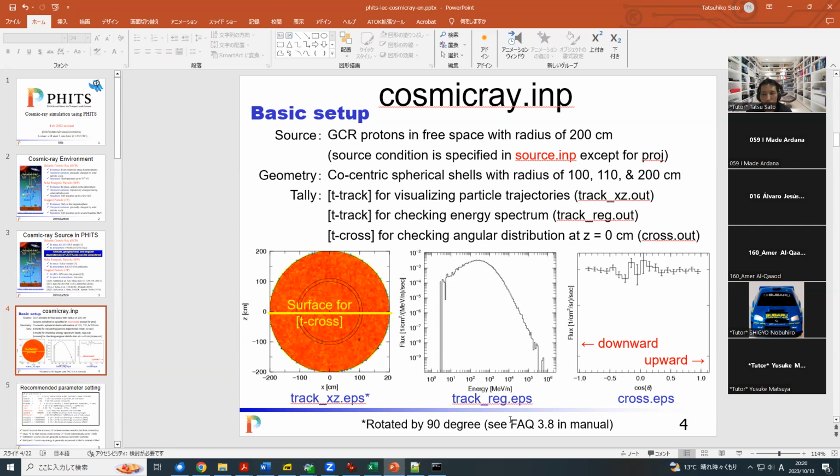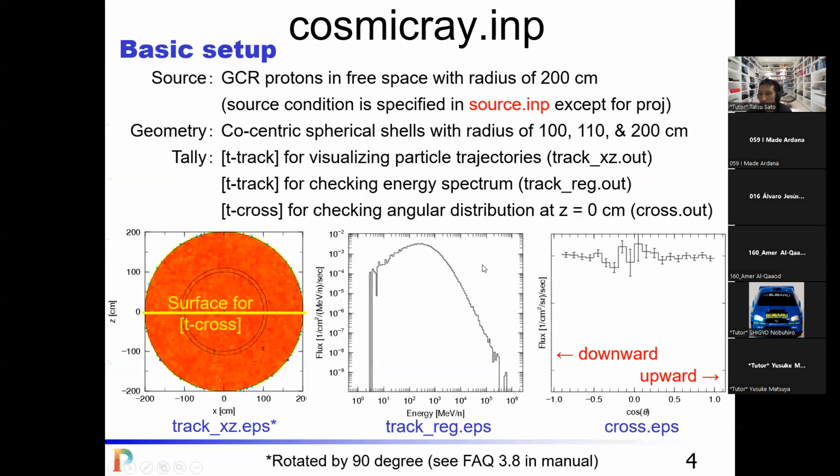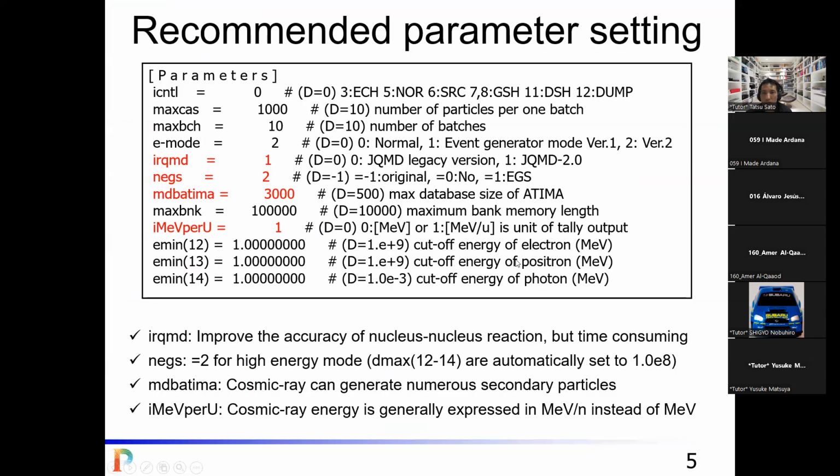Okay, so next, I would like to explain the recommended parameter settings for generating cosmic rays. Cosmic ray is quite a special simulation, so you need to turn on some parameters. The first one is the event generator model, which is generally recommended.